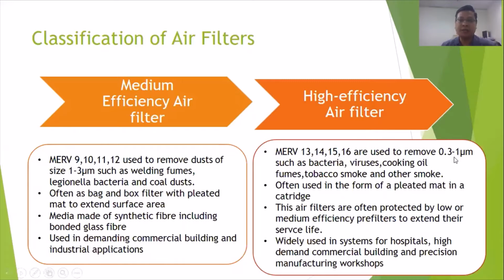Now we can filter dust or whatever we want to remove starting from 0.3 until 1 micrometer. So we can filter bacteria, viruses, cooking oil fumes, tobacco smoke, and other smoke. This application is used in the form of pleated media in a cartridge.